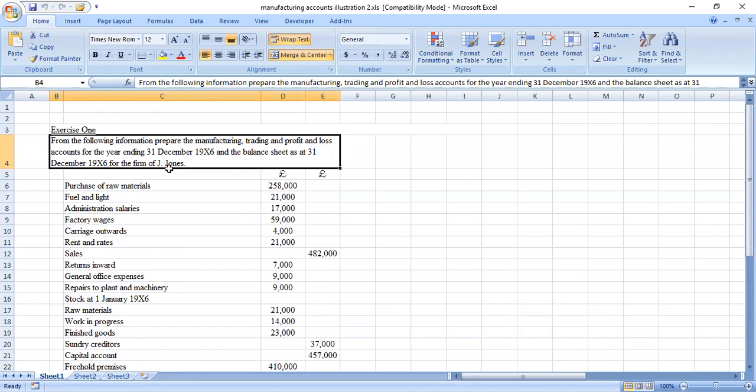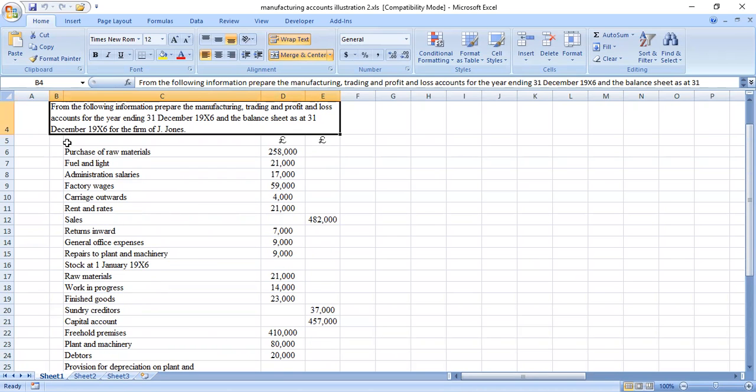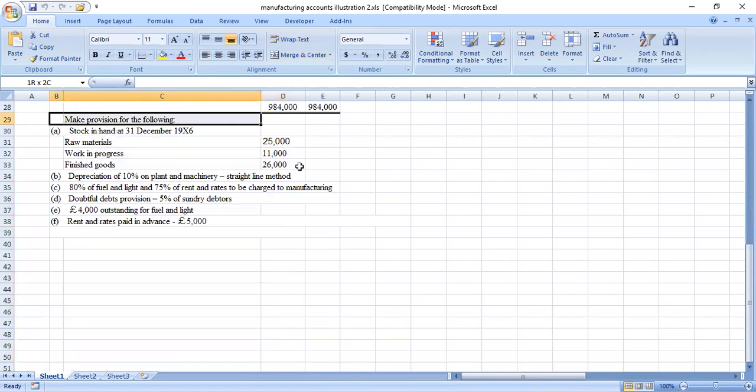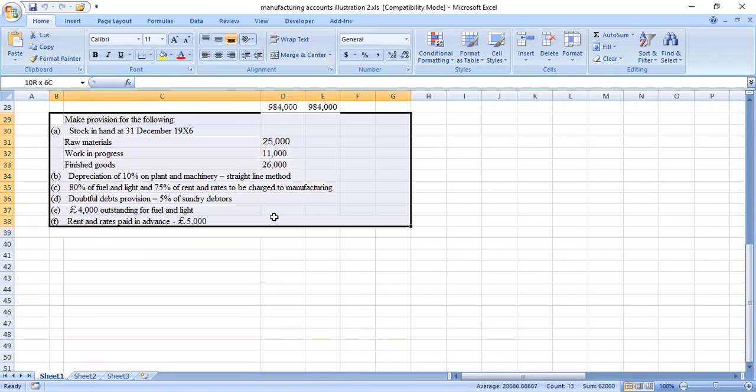From the following information, prepare the manufacturing, trading, and profit and loss account for the year ended 31st December, and the balance sheet as at 31st December for the firm of J. Jones. So we have the following trial balance with those list of balances, and then we have that additional information.